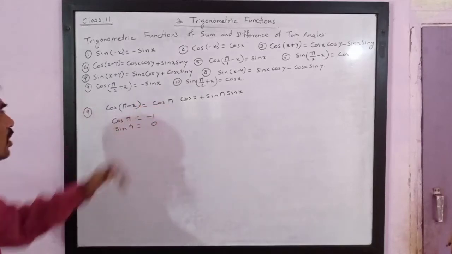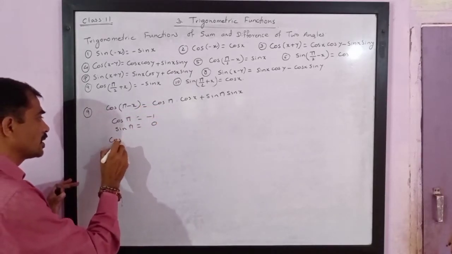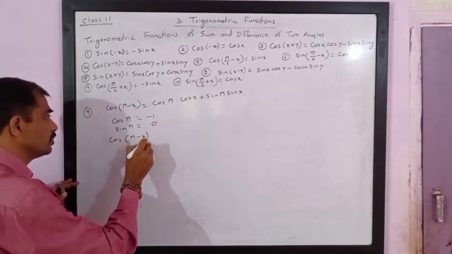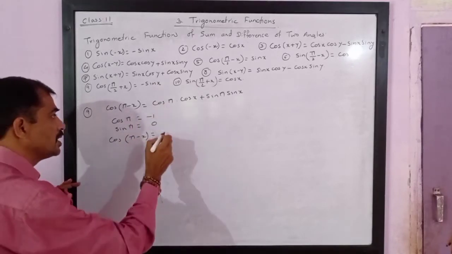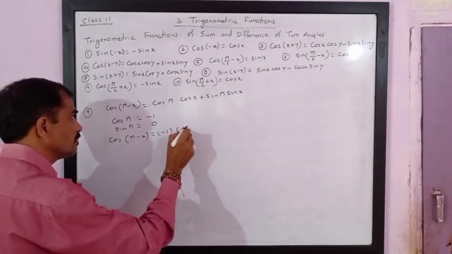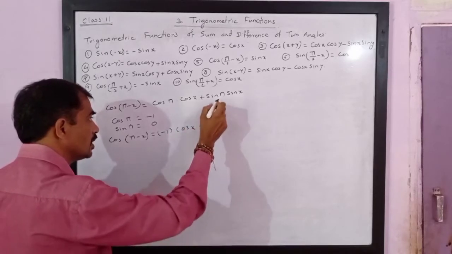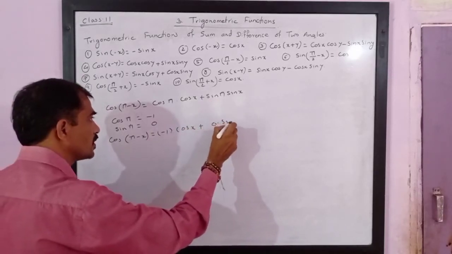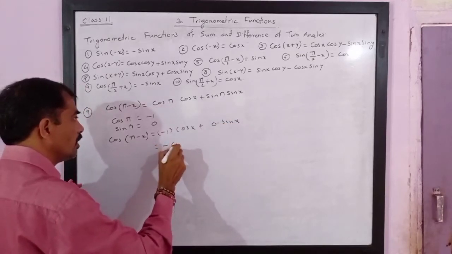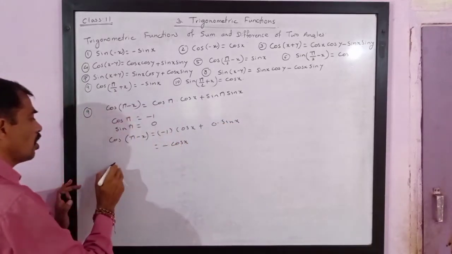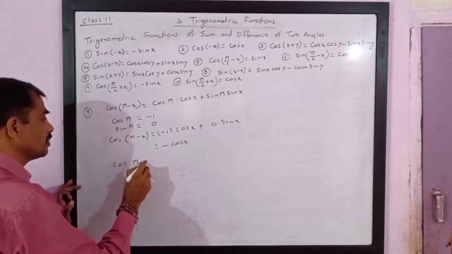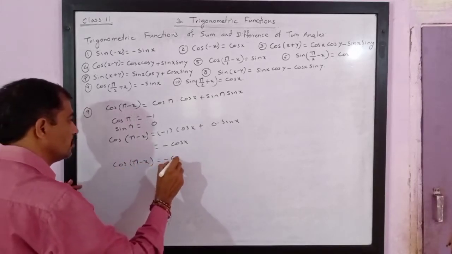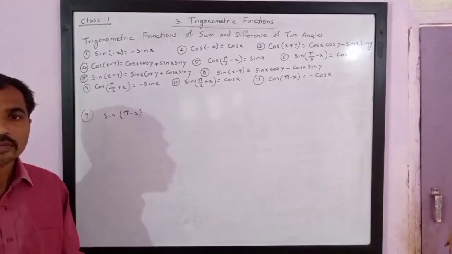So if you put the values, you will get cos of pi minus x is equal to cos pi is negative 1 into cos x plus sin pi is 0 into sin x. So this is equal to negative cos x. So cos of pi minus x is equal to negative cos x.